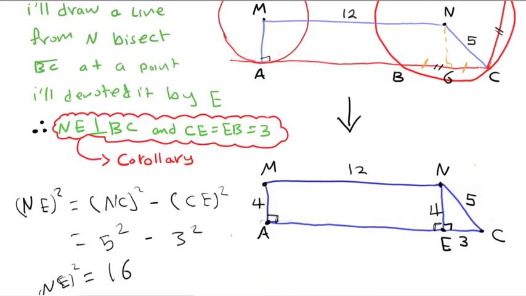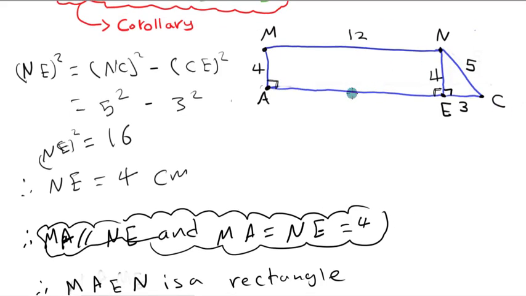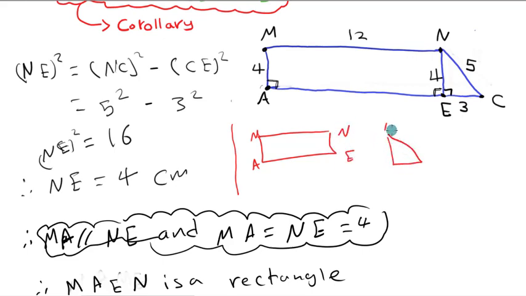I can do that by dividing the figure into two figures: a rectangle MAEN and a right triangle NCE.